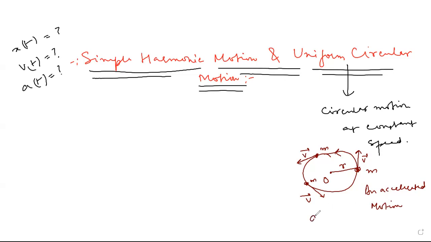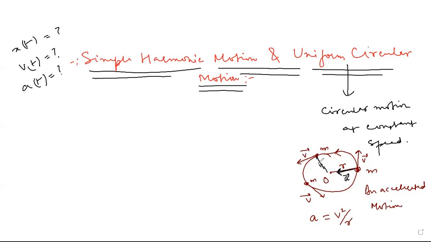And if a is the acceleration of the body, the magnitude of the acceleration vector is v squared by r, where v is speed and r is the radius of the circle. This acceleration vector has direction towards the center. So if I show it this way, the acceleration vector is pointing towards the center. At all positions, it will be pointing towards the center.